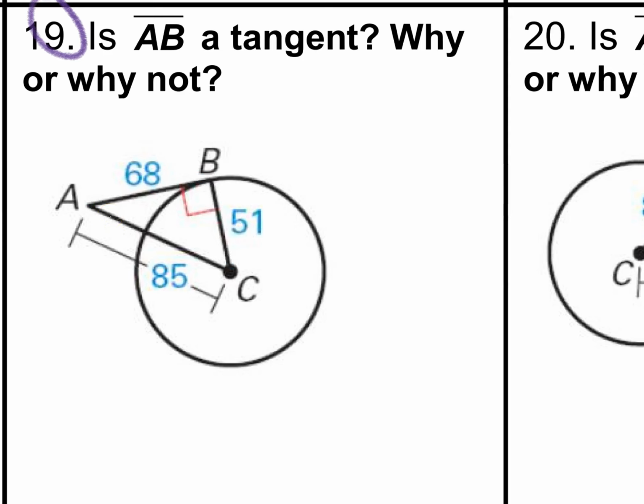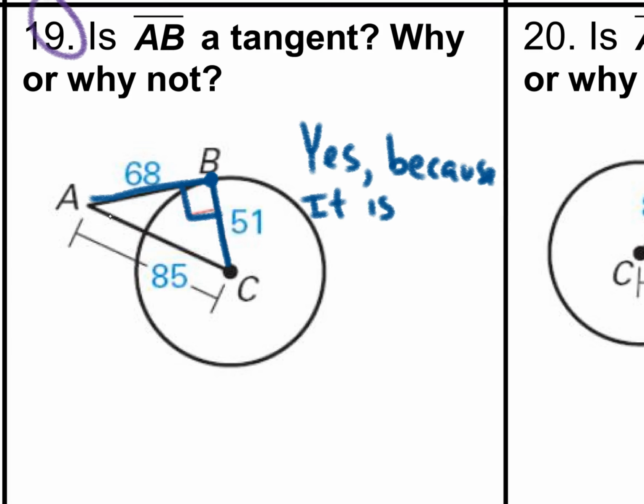So this line must be tangent because it tells us that it's perpendicular by showing us that it's a right angle, and it looks like it touches at one point. So we'll say yes, because it is perpendicular, and we're going to use the symbol for perpendicular here, perpendicular to the radius.